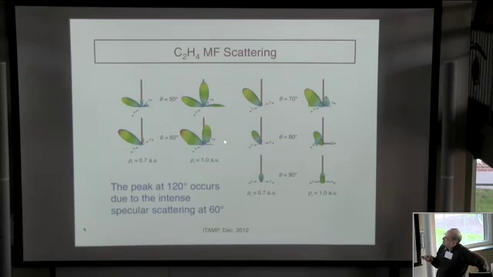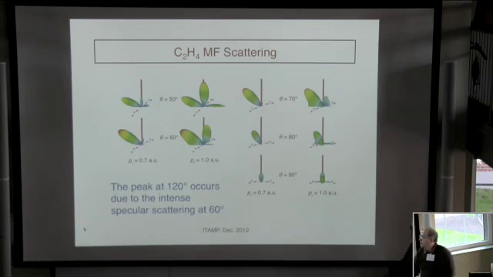And this peak at 120, so remember this is back scattering, so the red line here is the direction of the electron coming back, and so when this is at 60 degrees, let's see, if theta is at 60, then you get sort of pseudo-specular scattering here, like this one.